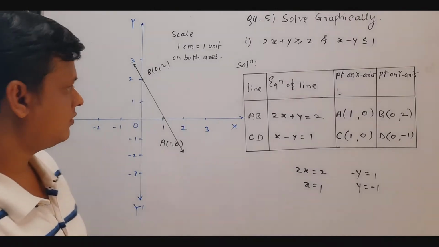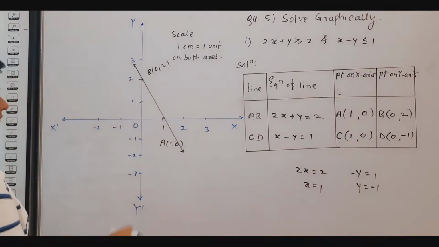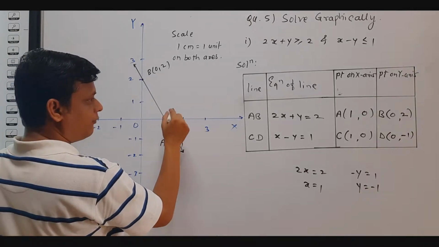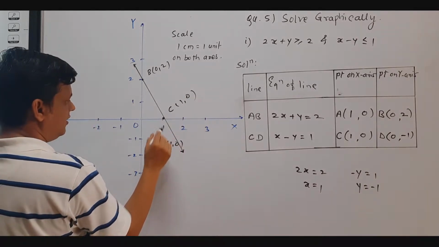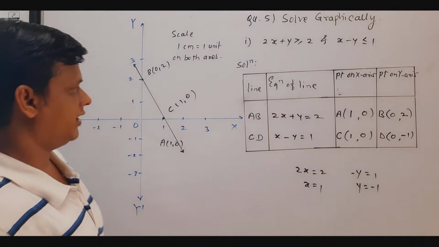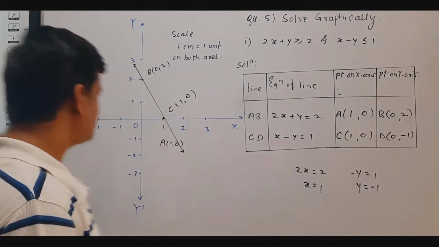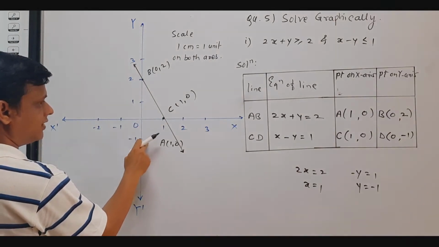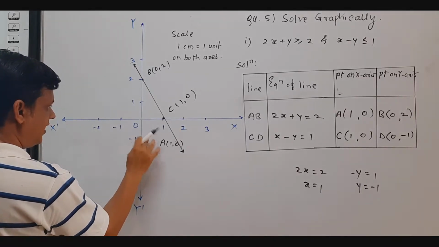Now we have to plot points C and D. Point C is on the x-axis, so point A and point C are at the same position. C and A have the same coordinate. Now we have to plot the point (0, -1). The y coordinate is minus 1, so the point is here.